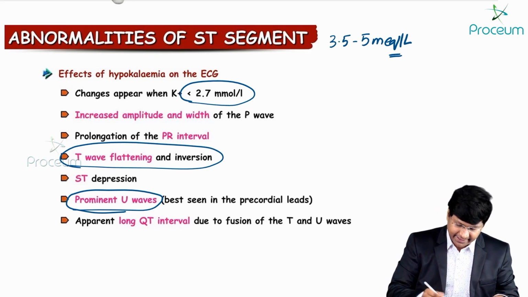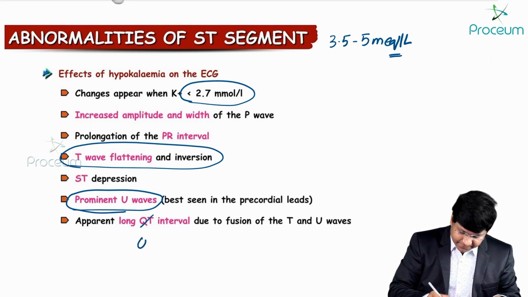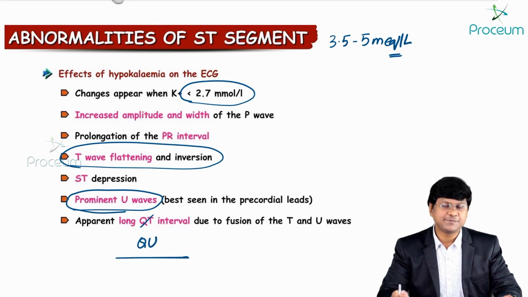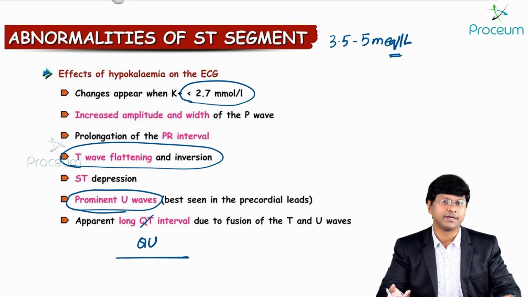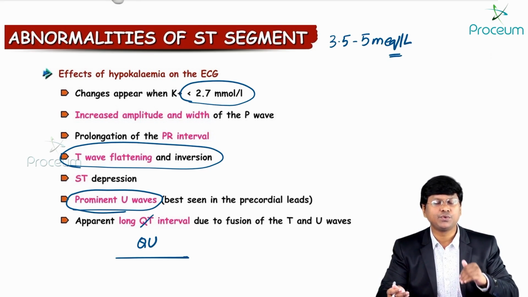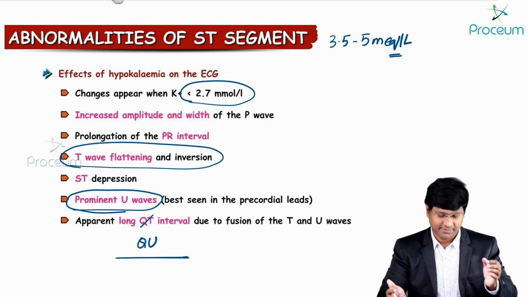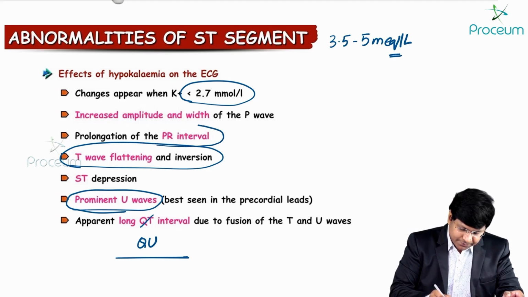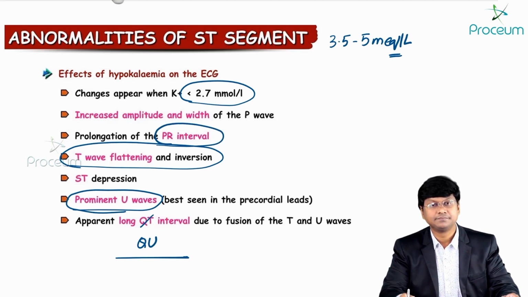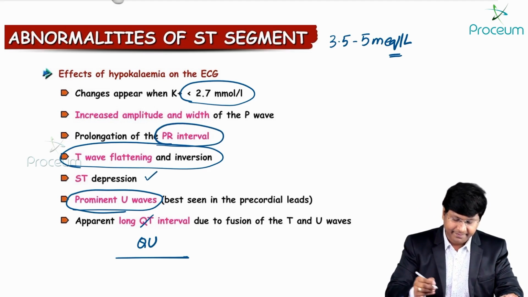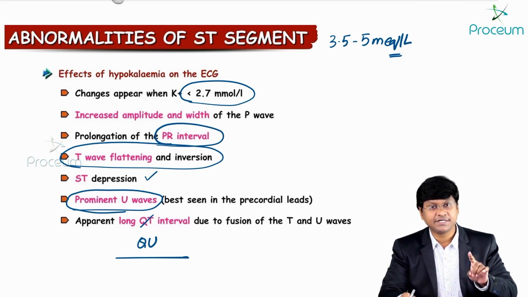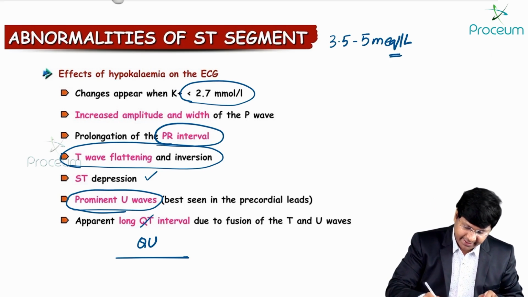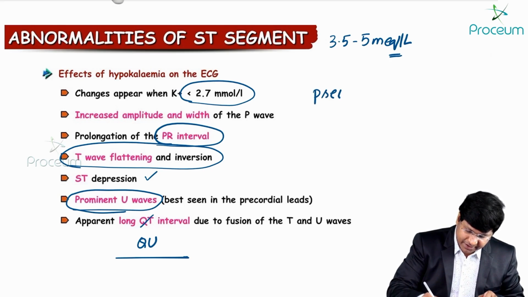So what we calculate is the QU interval, right? And this QU interval is increased or prolonged. And not only the QU interval, even the PR interval is also prolonged, right? And the ST segment will be depressed. And what will happen to your P wave? Remember, individuals with hypokalemia have what is called pseudo P pulmonale.